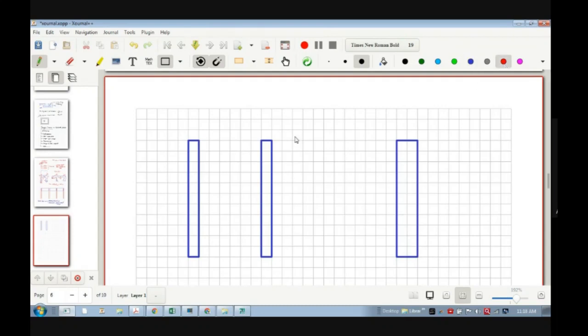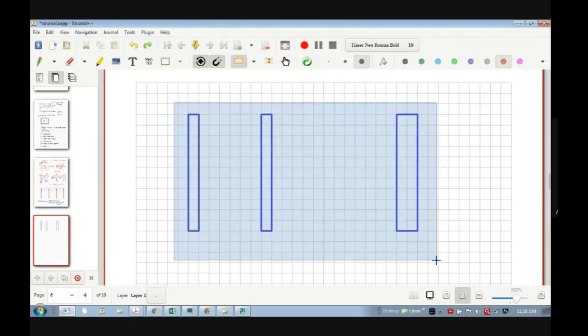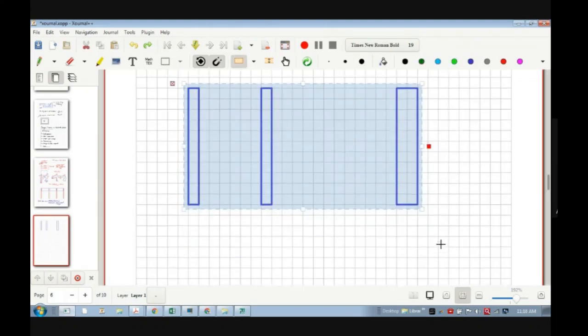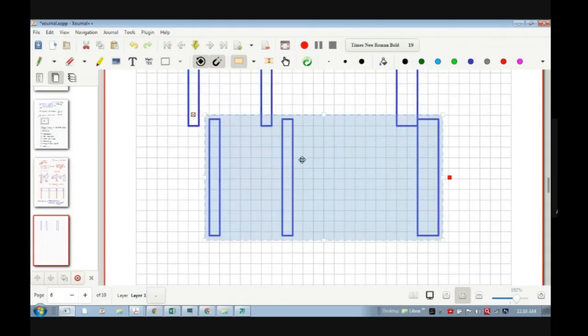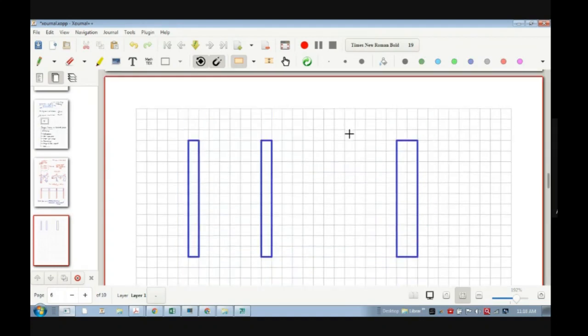So in one case, I say that the beam depth should be same, like this.